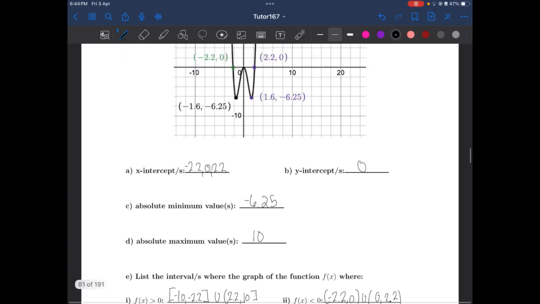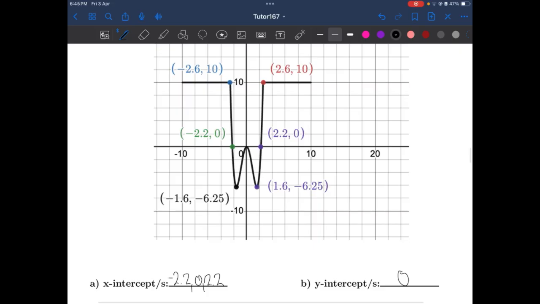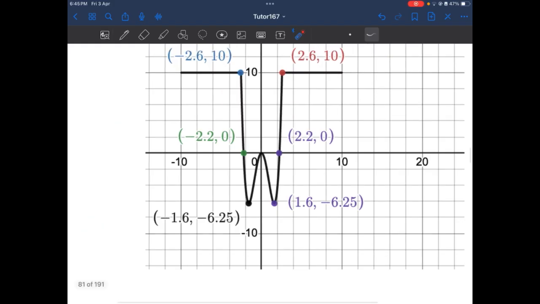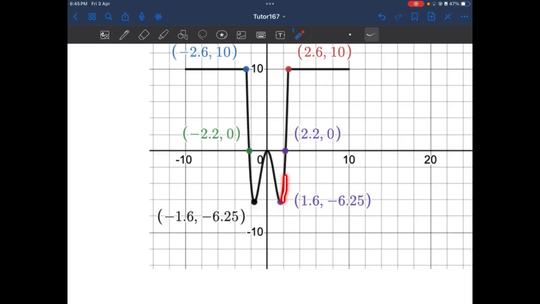Okay. Increasing is where the graph is going up, like you can see. Again, we're listing our x values. You see it increasing here at negative 1.6 up to 0, and then again here at 1.6 up to 2.6, going all the way up here.